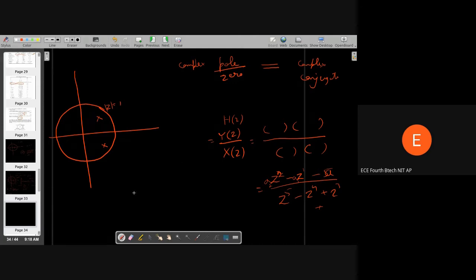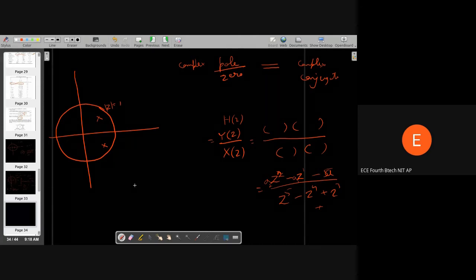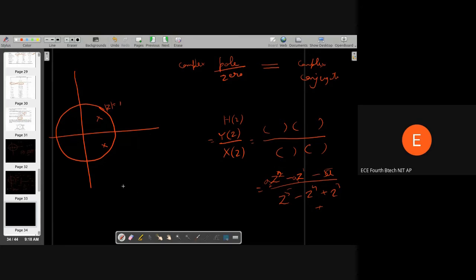Now, if you cross multiply this, let's say (a2 z square minus a1 z plus a0) into X(z) becomes some a4 z4 minus a3 z3, let's say, Y(z).